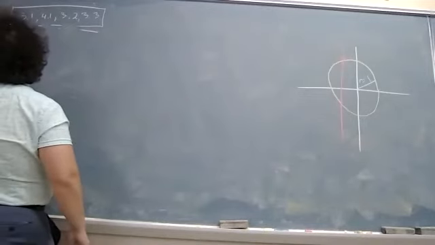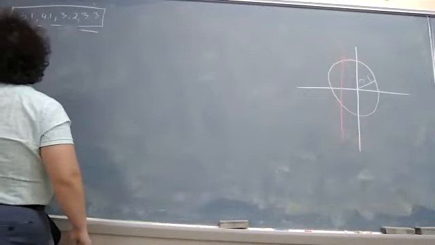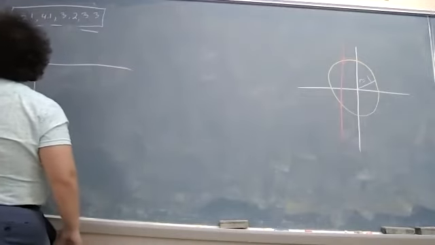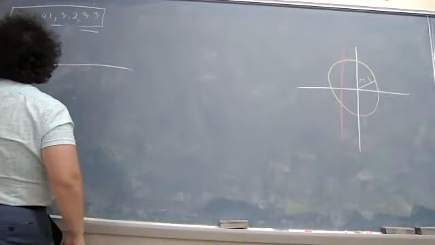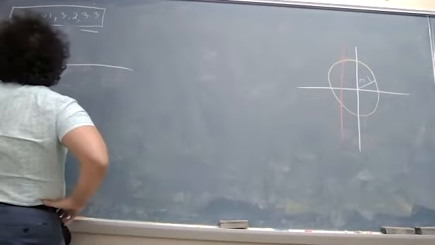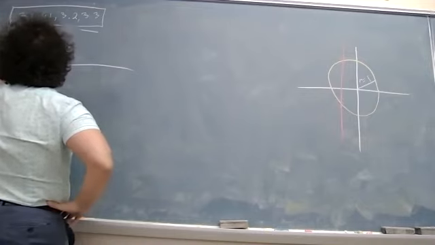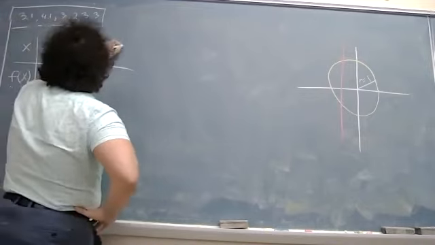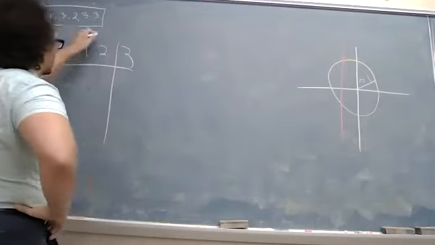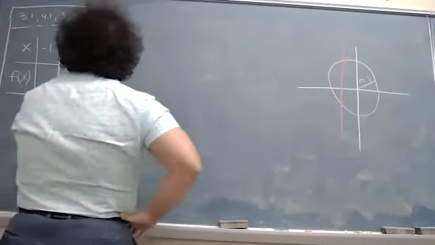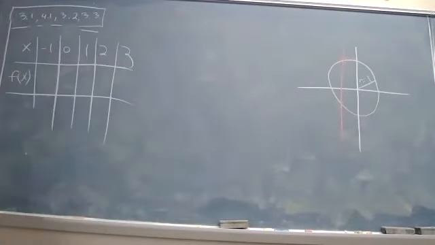Let's say I have a table. I have x, and I have f of x, and I see that my inputs are -1, 0, 1, 2, 3.